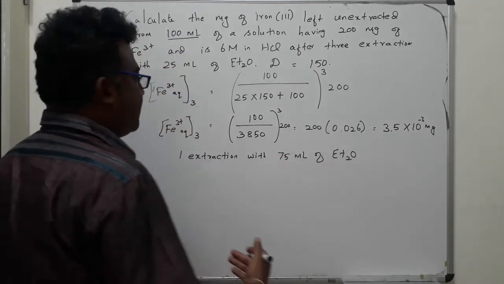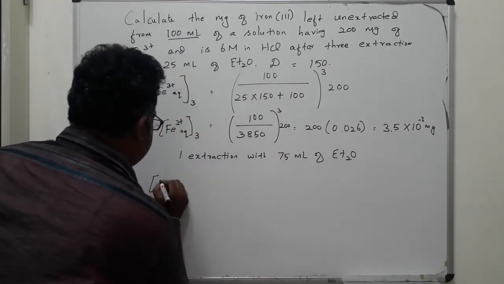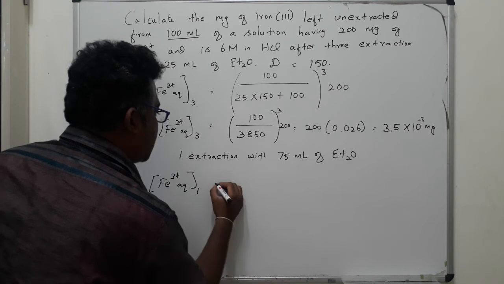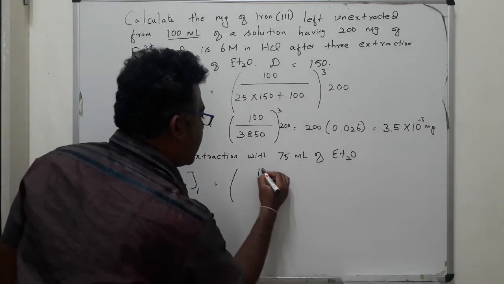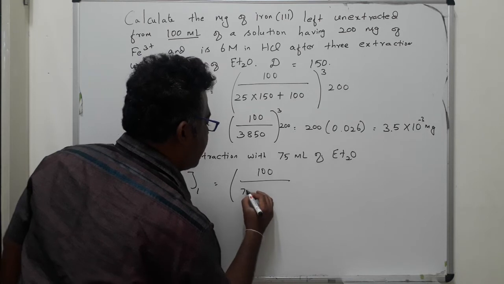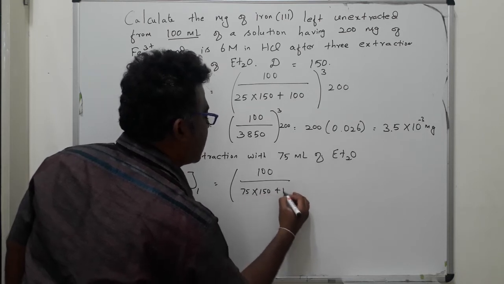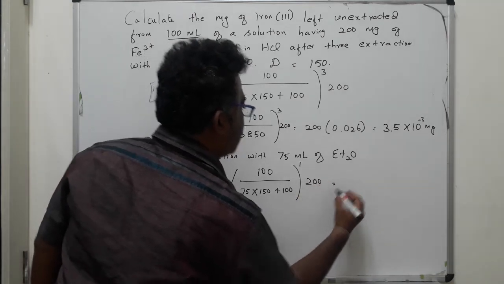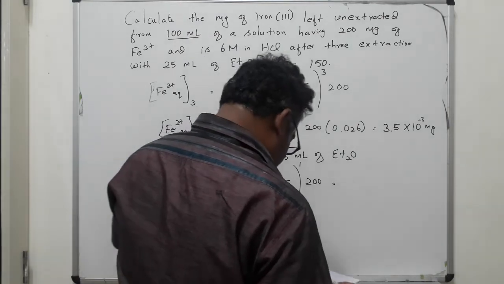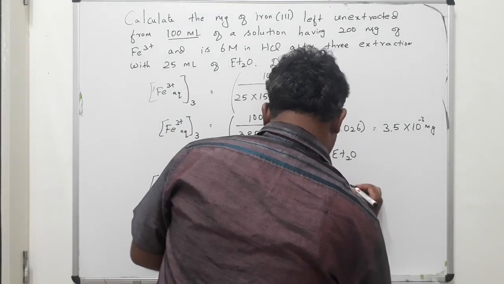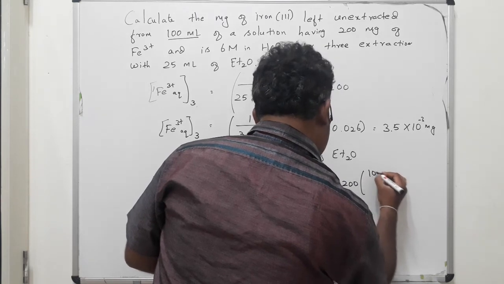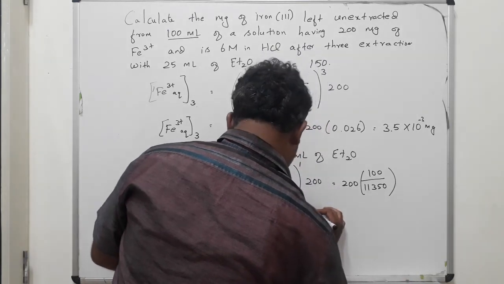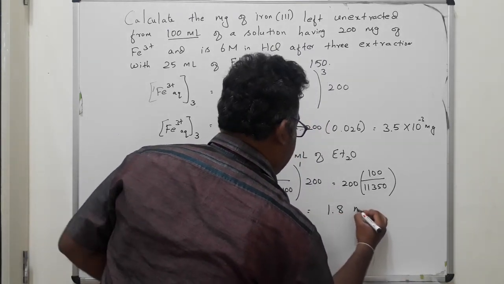How will these two differ? So the concentration of iron 3 plus in aqueous solution with one extraction: 100 divided by 75 into 150 plus 100, with only one extraction, into 200, which is 200 into 100 by 11,350, which is equal to 1.8 milligram.